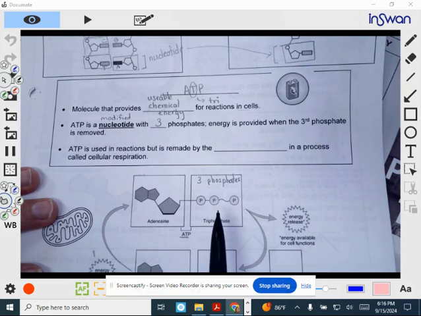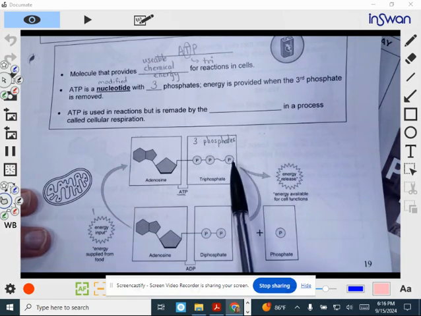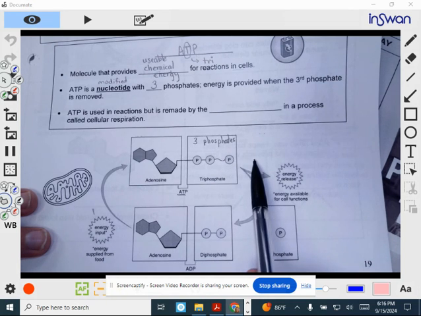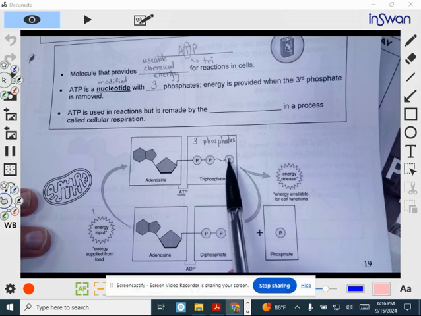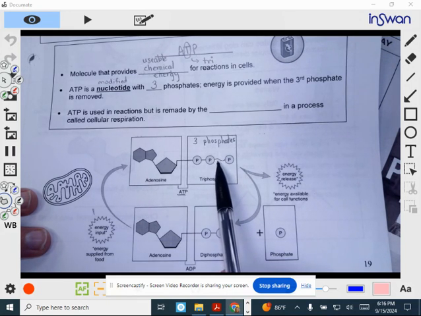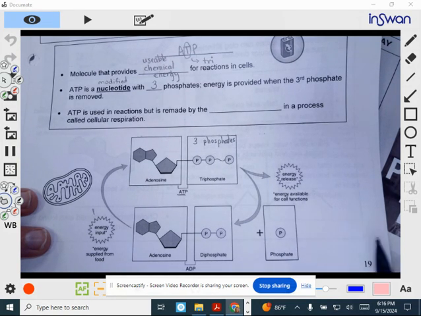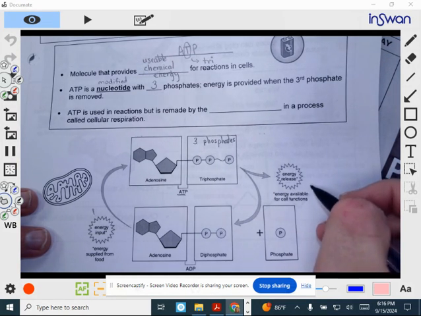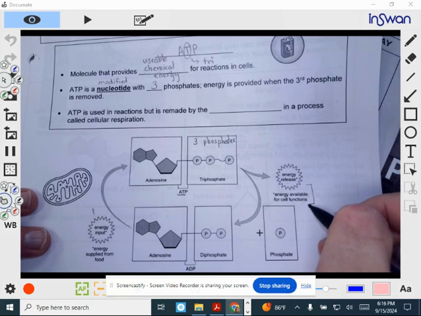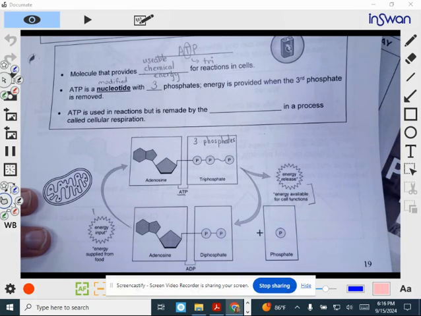When a cell needs energy for a reaction, this phosphate can be removed. And when that bond is broken, that energy that's in that bond can be used to provide energy for a reaction to happen. So that's what it means: this energy is released, and this energy is now available for a reaction to take place.